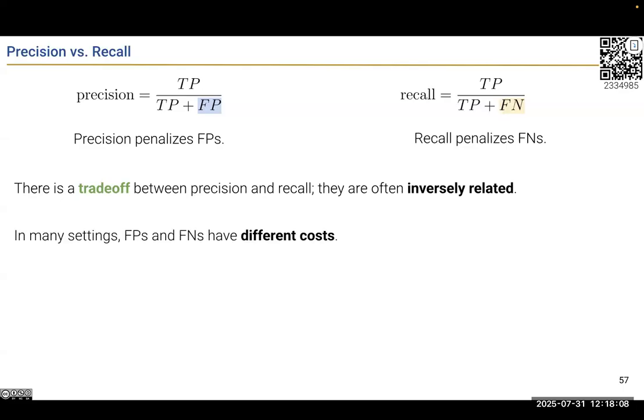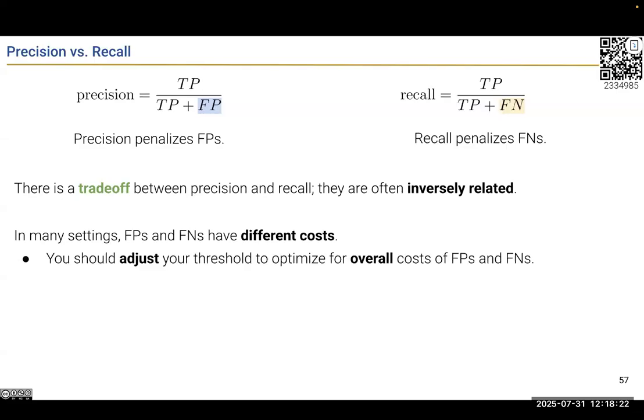Our goal is to find a balance of these two. But sometimes this balance is not equal. Sometimes false positives and false negatives can come at different costs. Our goal is always going to be optimizing the overall cost of both false positives and false negatives; we're not looking at just one of them.